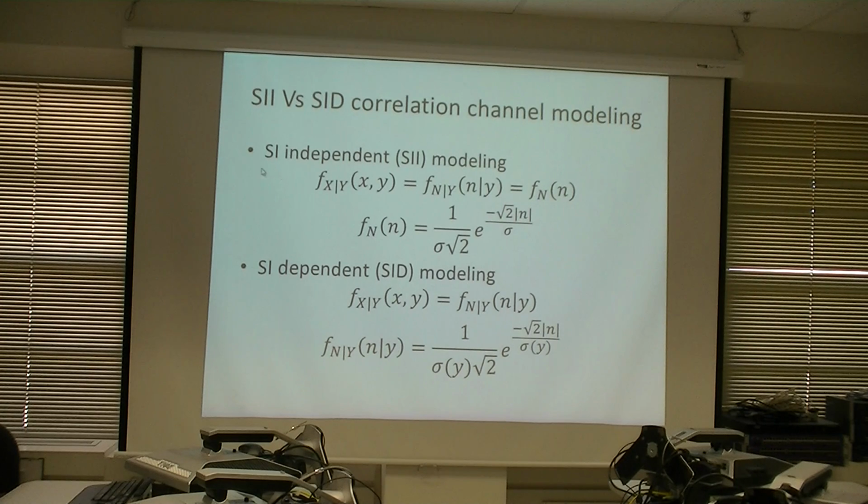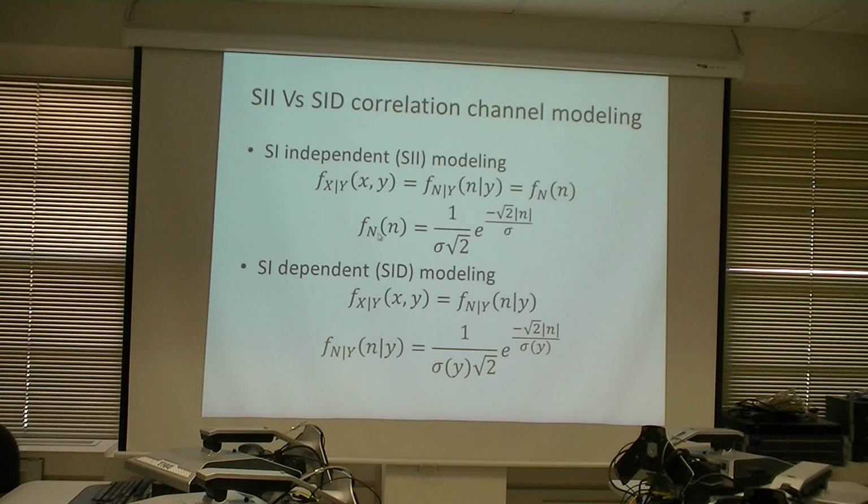If the correlation noise is independent of the side information, the probability density function is equal to f_N.